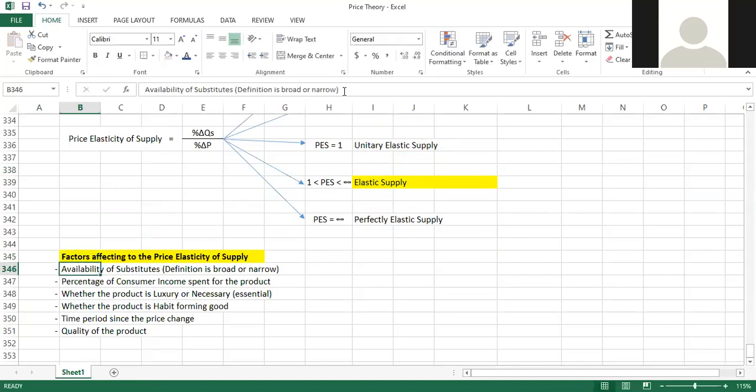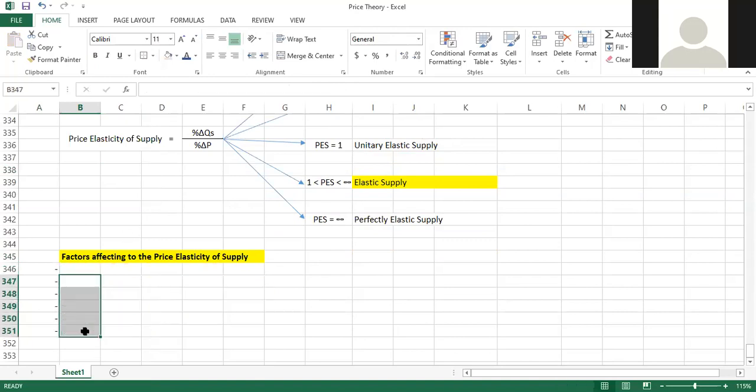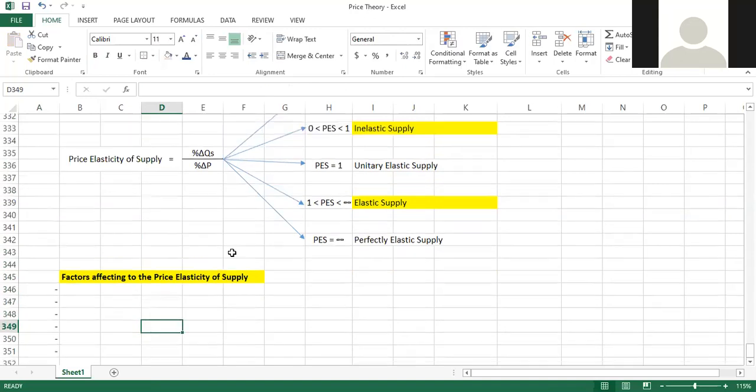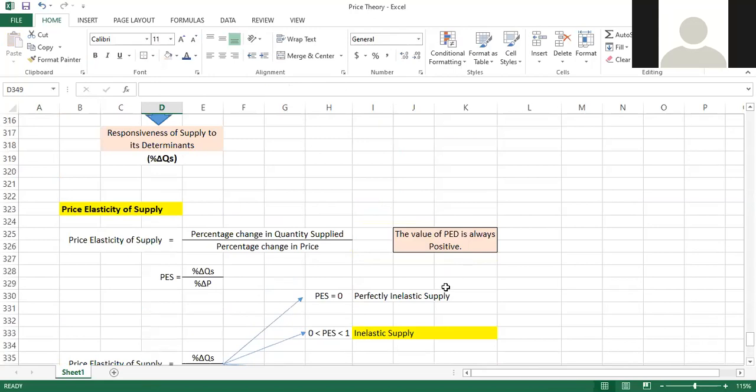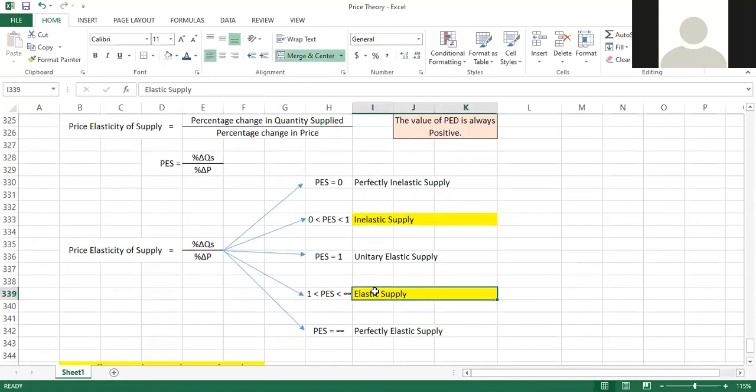Therefore, the suppliers are willing to supply more. Then, what are the main factors affecting the elasticity of supply? When the price increases, the supply of some products will increase very significantly, but the supply of some products will increase only very marginally. That is what we call elastic and inelastic supply.